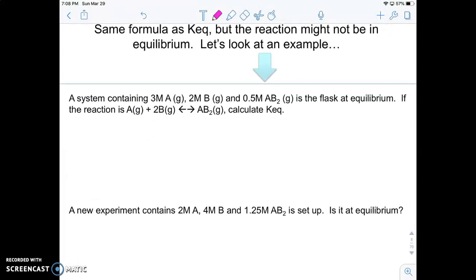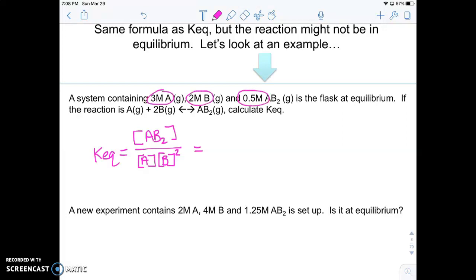So let's look at this reaction, the KEQ. I need to do my products. My product is AB2 over my reactants, A and B. I have 2 moles of B, so I'm going to square that. Now here's what I was talking about before. They actually gave us concentrations here.